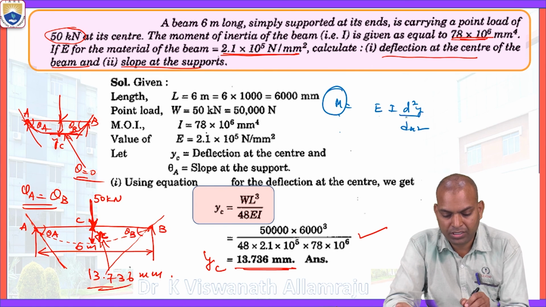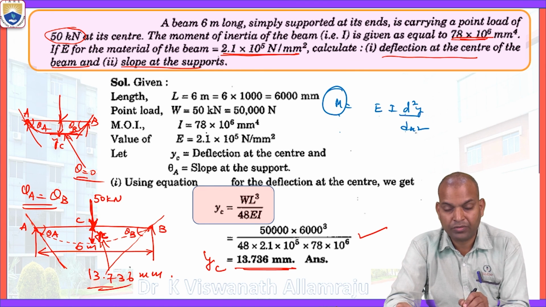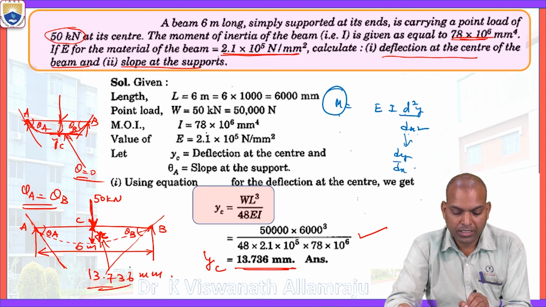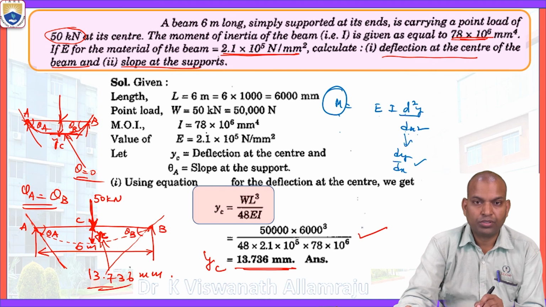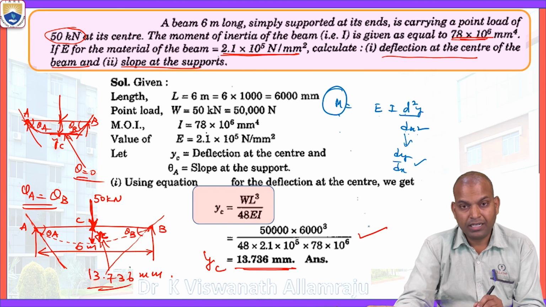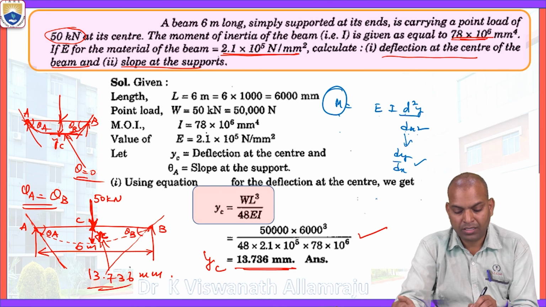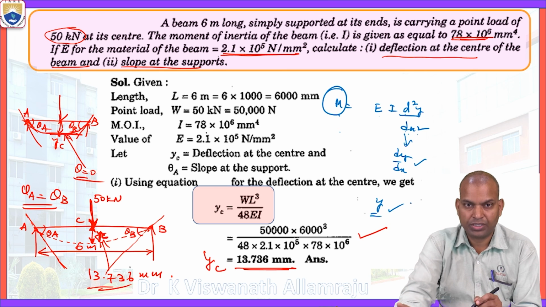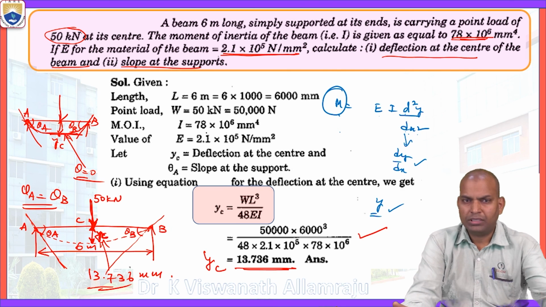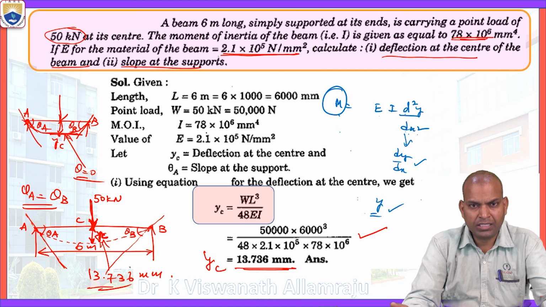Then, if we integrate this equation d square y by dx square once, it becomes dy by dx. This dy by dx is nothing but the slope. And if we integrate the slope equation again, we obtain y, that is the deflection. That's why it is called the double integration method.